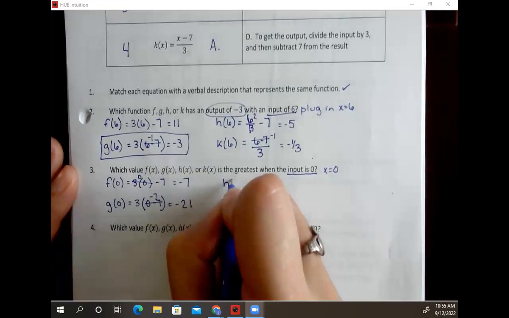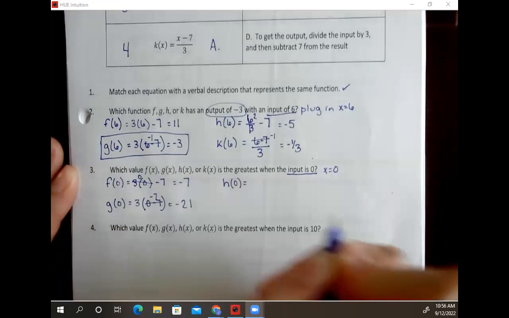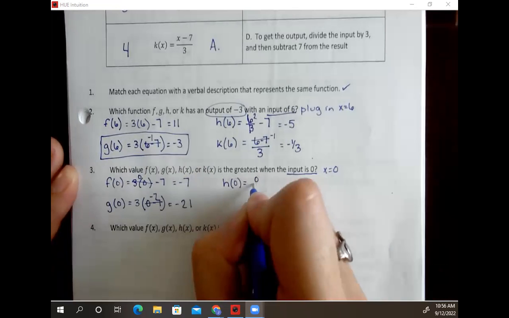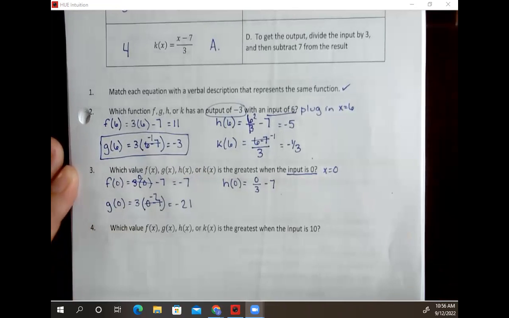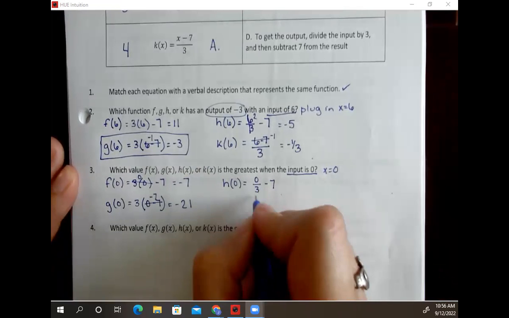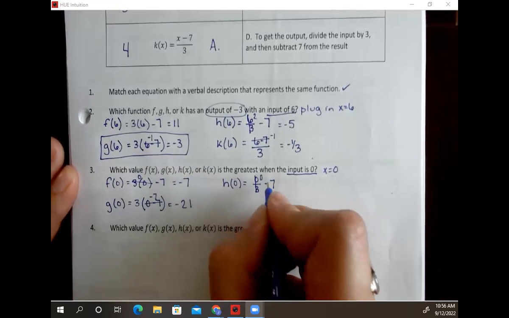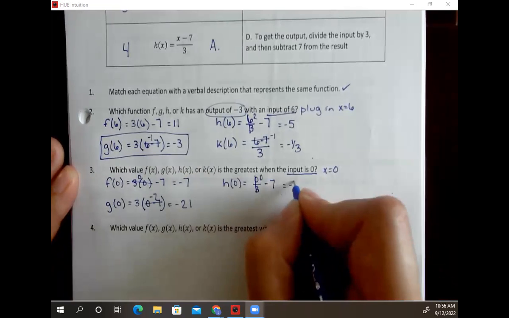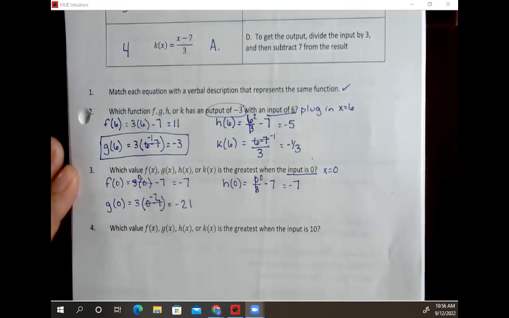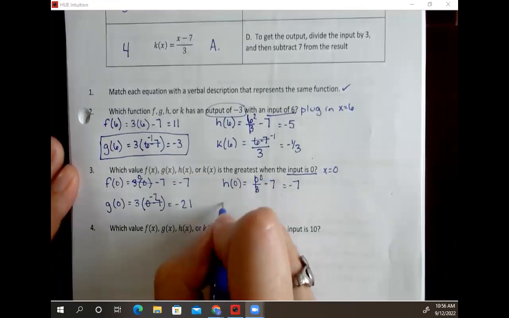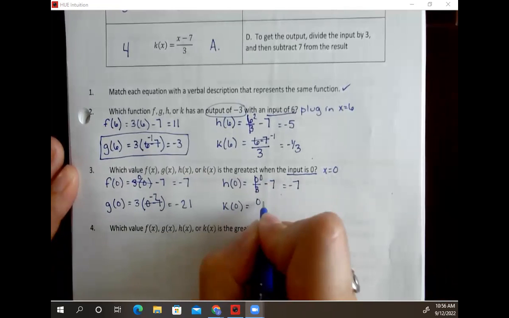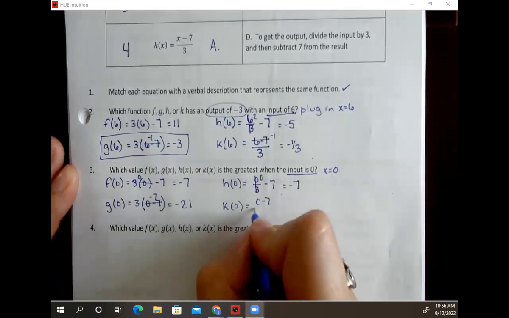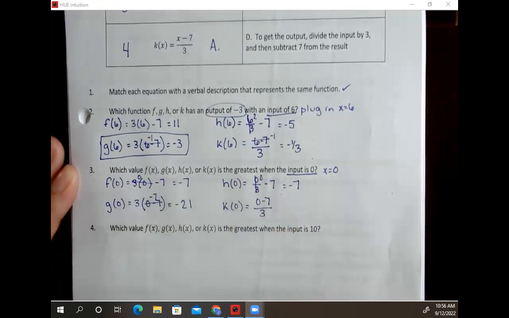And then h of 0, this would be 0 divided by 3 minus 7. 0 divided by 3 is 0. 0 minus 7 is negative 7. And then finally, k of 0. So this would be 0 minus 7, all divided by 3.